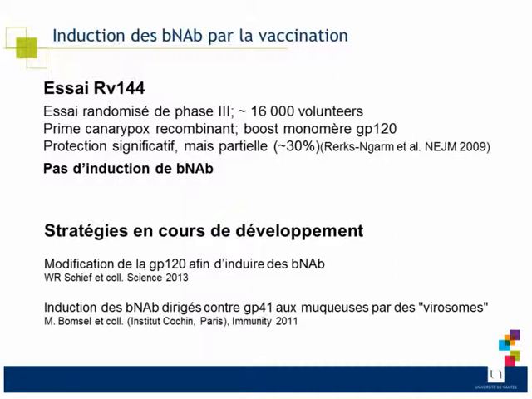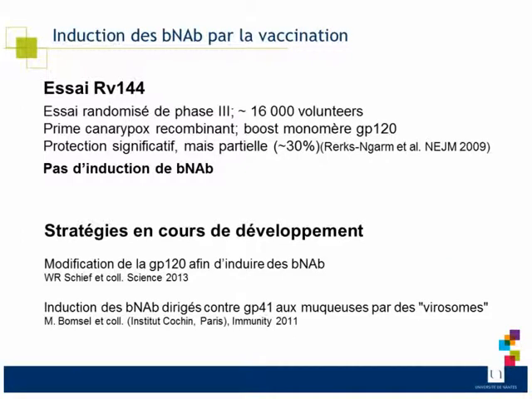So there is some protective effect, but it's not due to the broadly neutralizing antibodies. There's still some debate about what really was the mechanism of protection here. Well, one thing we can say, though, that these immunogens don't seem to be sufficient on their own to induce broadly neutralizing antibodies. So what are the strategies that are being developed?